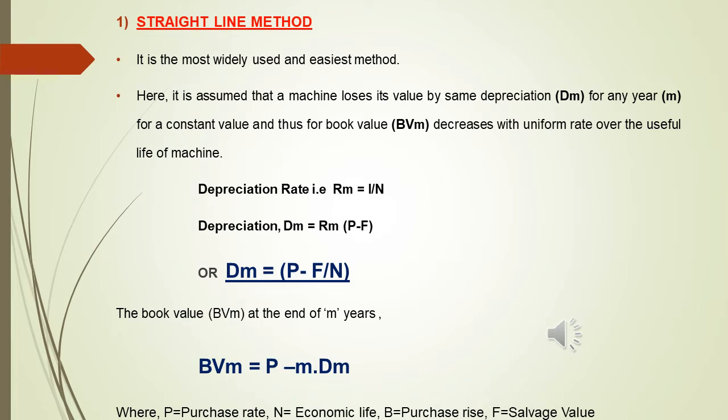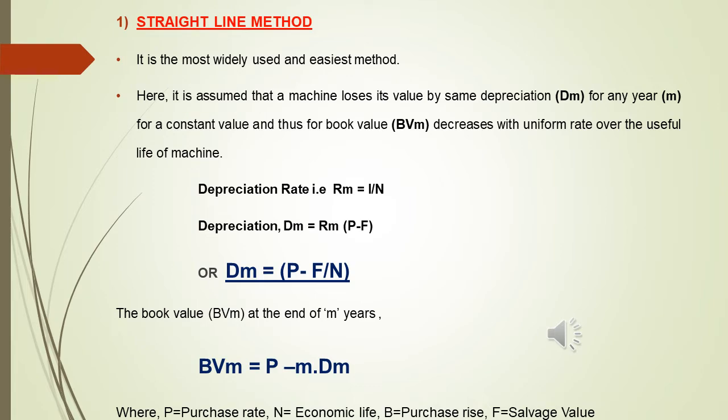Here it is assumed that a machine loses its value by the same depreciation, denoted by DM, for any year M, for a constant value, and thus the book value BVM decreases with a uniform rate over the useful life of the machine.